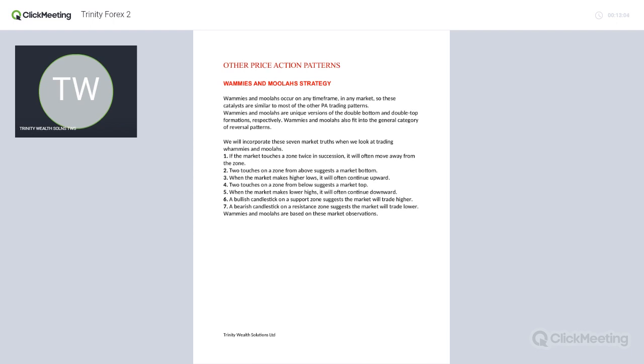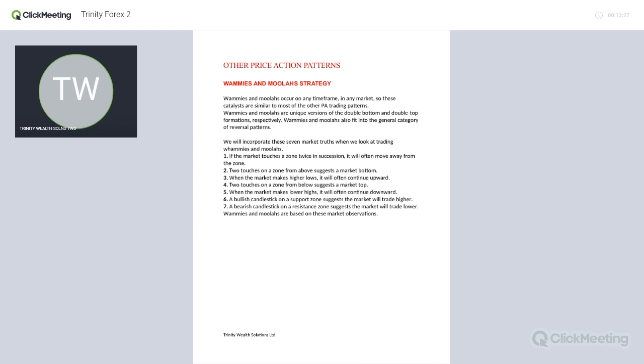We will incorporate these 7 market truths when we look at trading Womis and Mullers. If the market touches a zone twice in succession, it will often move away from the zone. Like Womis, which we said is a unique version of a double bottom.